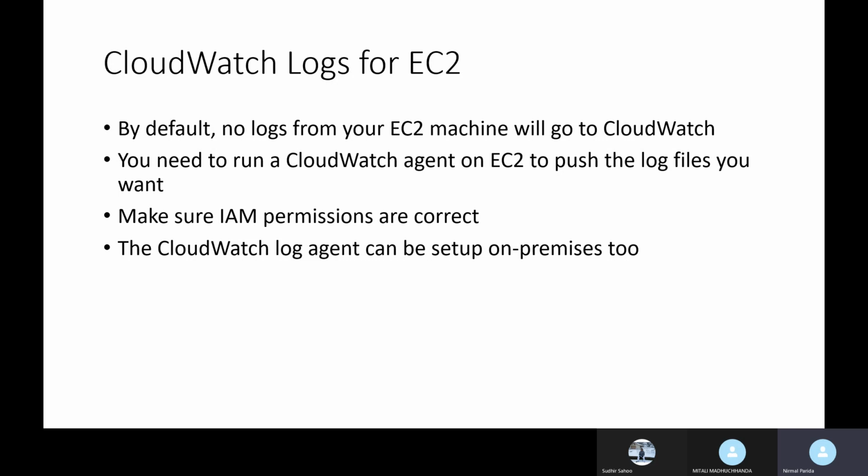You have to install in EC2 instance. So make sure IAM permissions are correct. So you have to provide the correct IAM role to your EC2 instance, so that it can communicate to your CloudWatch logs. The CloudWatch log agent can be set up on premises too. You can also install on premises on your own virtual machine also. So it will send the logs to CloudWatch.